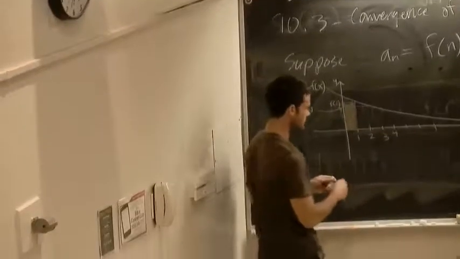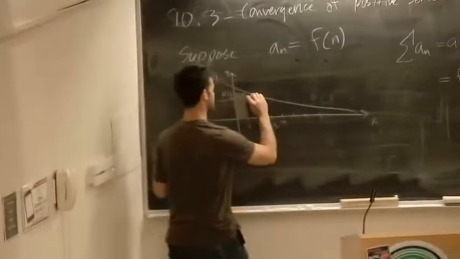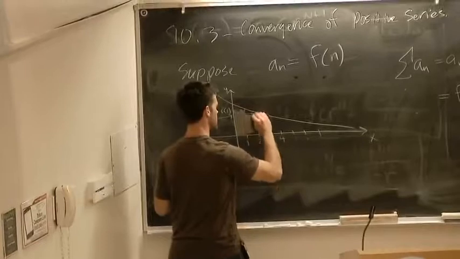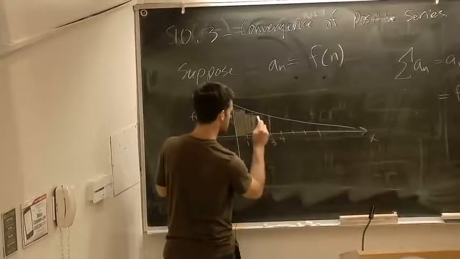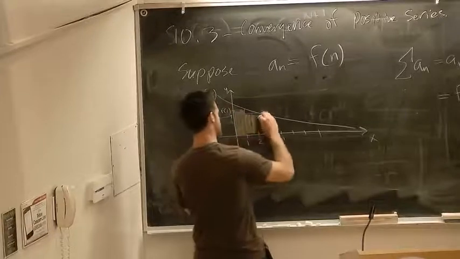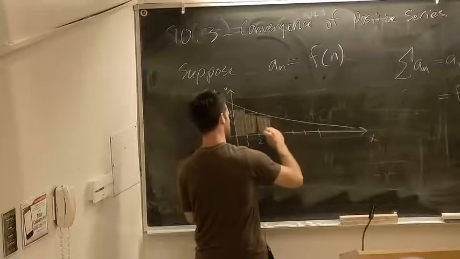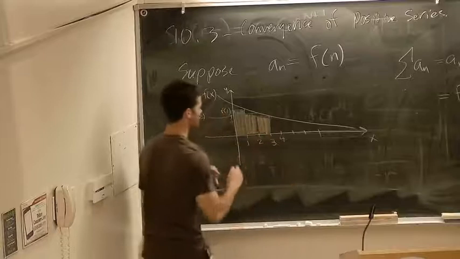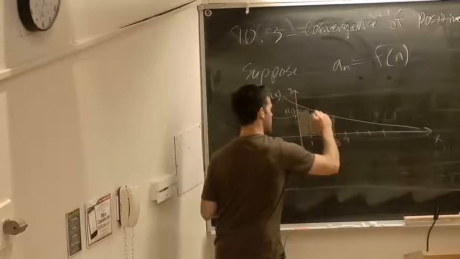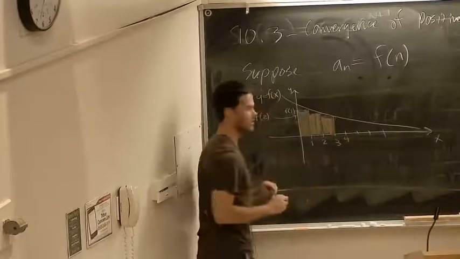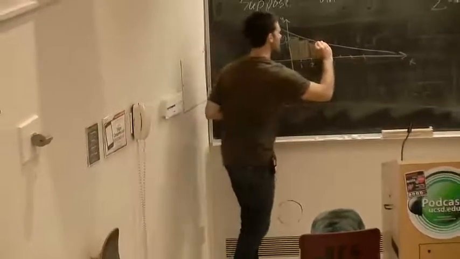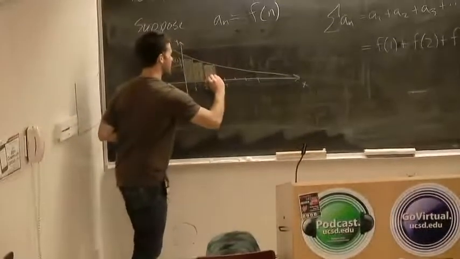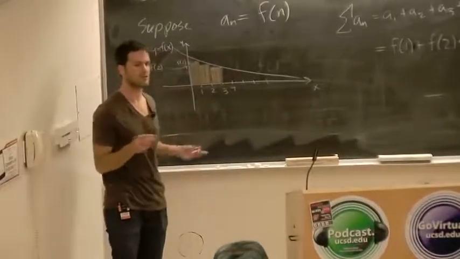So f of 2 is the same as the area of this rectangle. f of 3 is the same as the area of this rectangle. So is this starting to look familiar? Yeah, this looks like a Riemann sum, adding up all these areas.